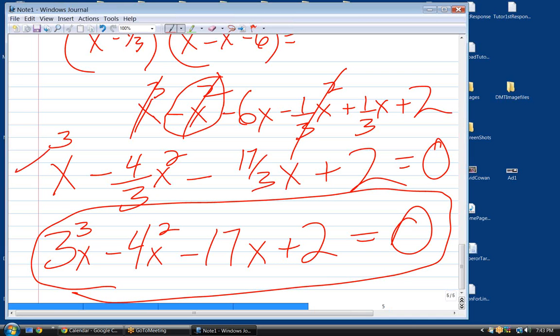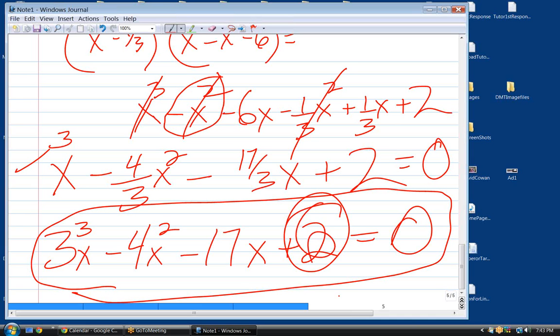Although, did they give any other conditions? Did they just say, write the polynomial? Yeah. They didn't say anything like, make sure the coefficient of the x cubed term is 1 or 3. Because a lot of times they'll do that. They'll give you the 3 zeros, and they'll say, come up with the polynomial, but make sure the constant is not 2, but 6. Oh, when I multiply everything by 3, I didn't multiply this by 3.